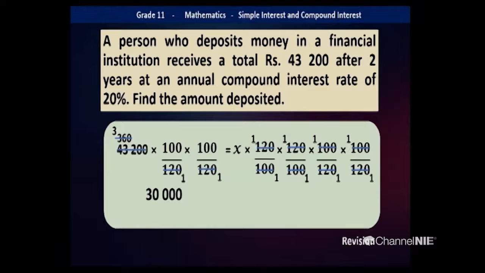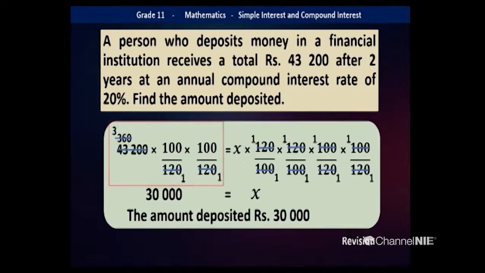Then you multiply 3 by 100 by 100, 30,000. x equals 30,000. Our unknown amount x is now calculated. Therefore, we can conclude our answer. They didn't ask for x, x is something we took. Therefore, our final answer should be given in the terms they ask. They ask to find the amount deposited. The amount deposited is rupees 30,000.